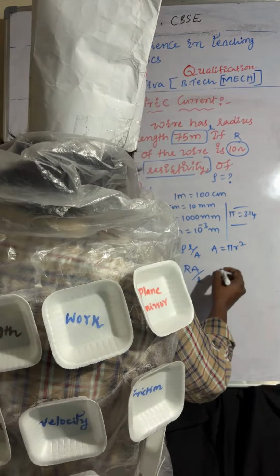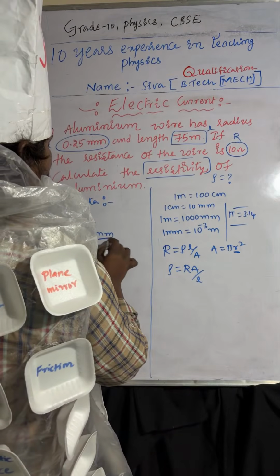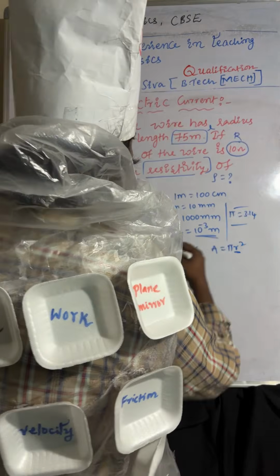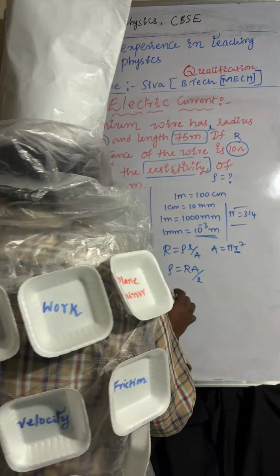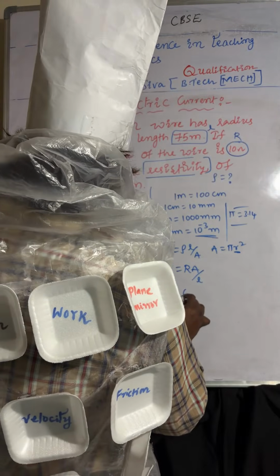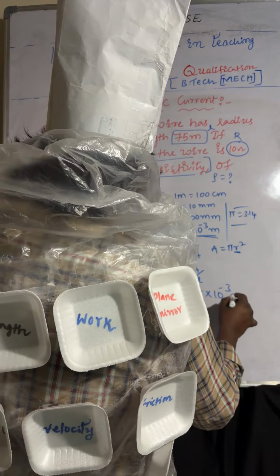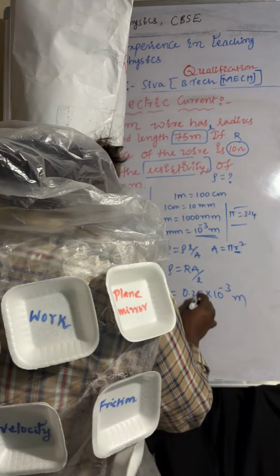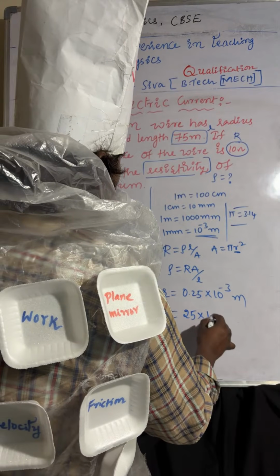We know R square is needed, but here they given in mm, right? As I said, 1 mm equal to 10 power minus 3 meters. So R equal to 0.25 into 10 power minus 3 meter. Two zeros are there, so 25 into 10 power minus 5.